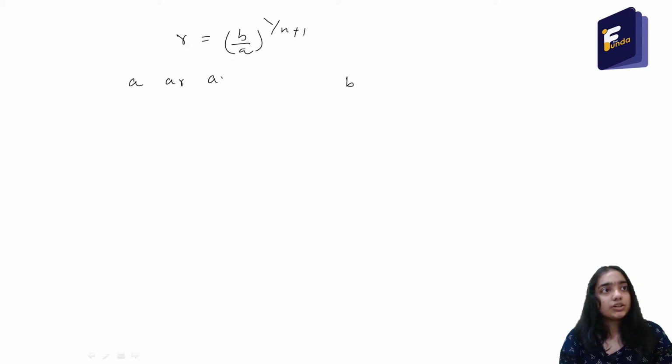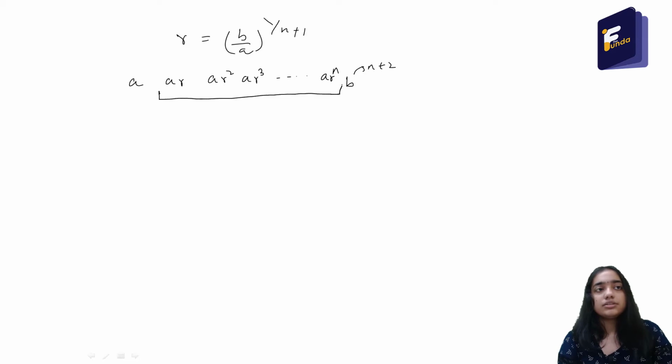Third term will be ar square. Fourth term will be ar cube. Like that, the n plus 1 term will be ar to the power n, and this one is the n plus 2 term. b is the n plus 2 term, that is the last term, and a is the first term. So these are the numbers that we are talking about, that is, inserting n geometric means between two numbers a and b.